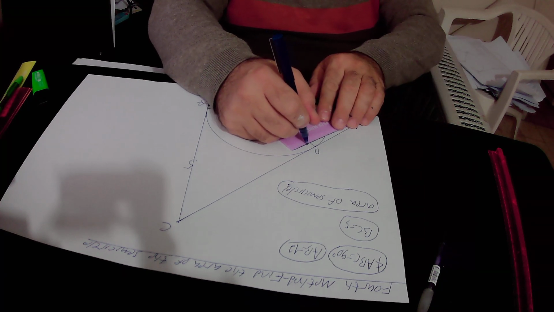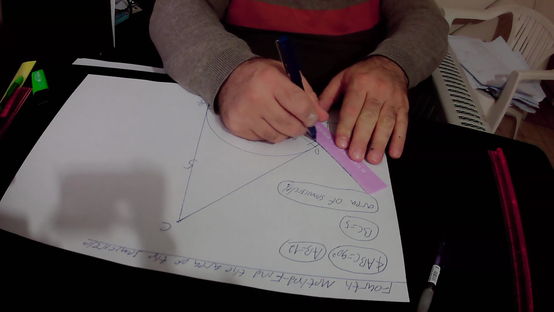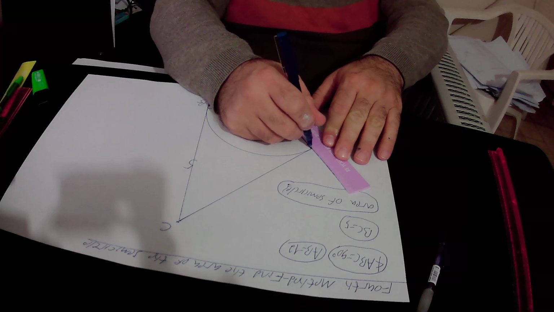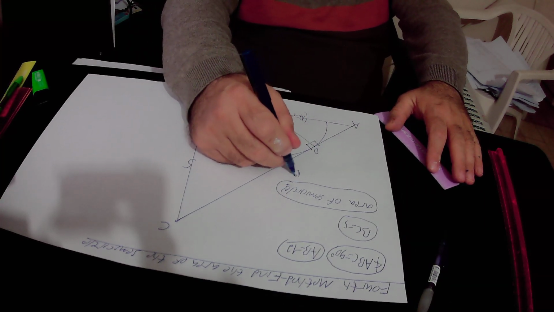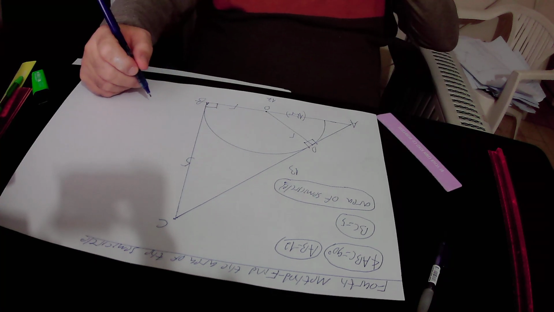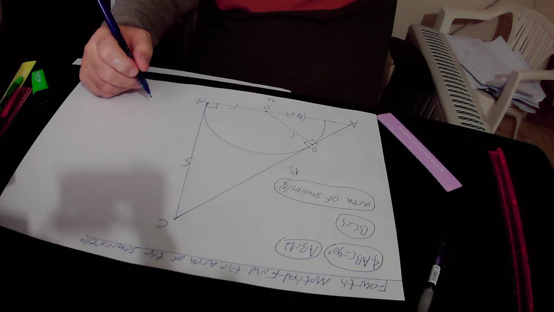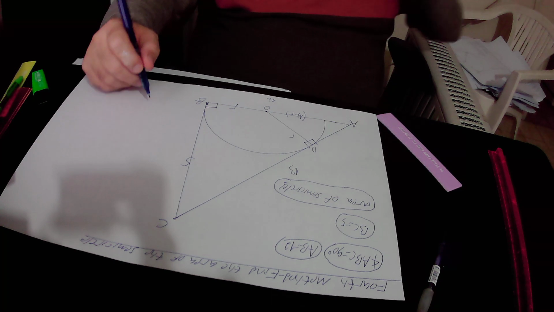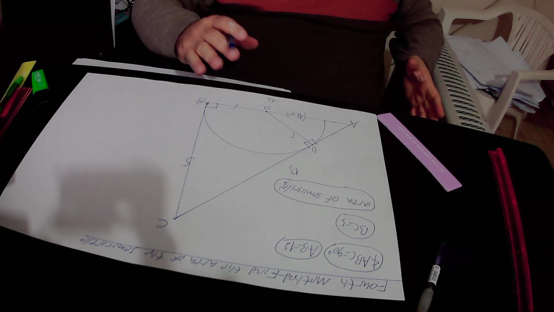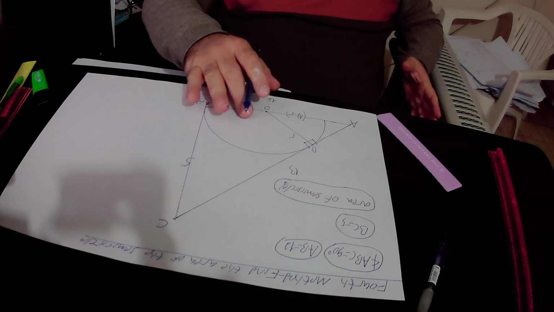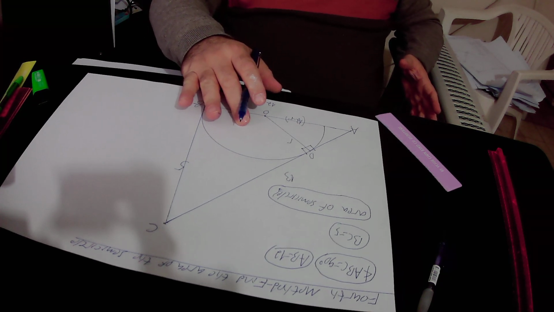Those two angles are right angles. We have already found out that AC equals 13 units. Now we'll find out the area of this semicircle according to the fourth method.